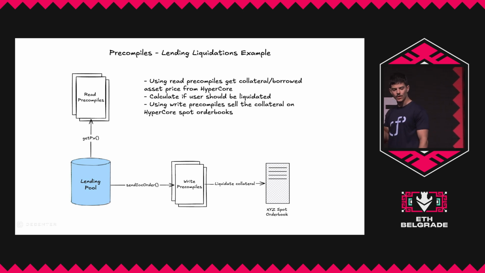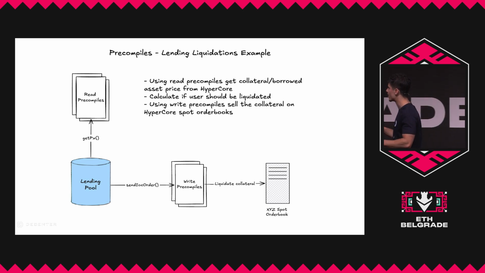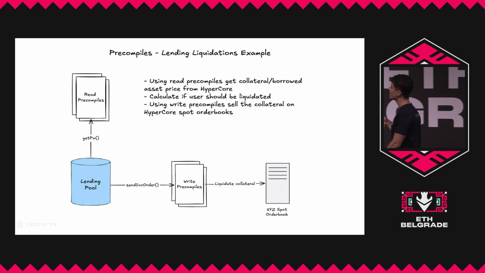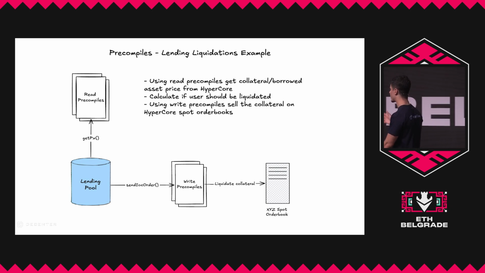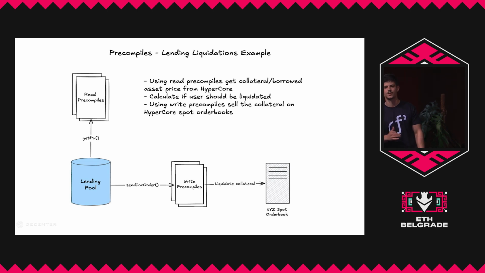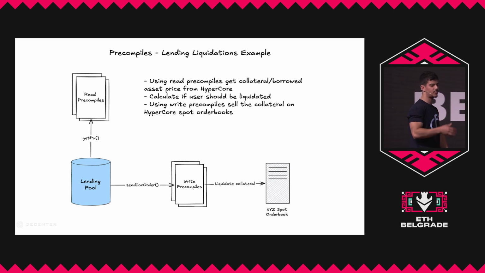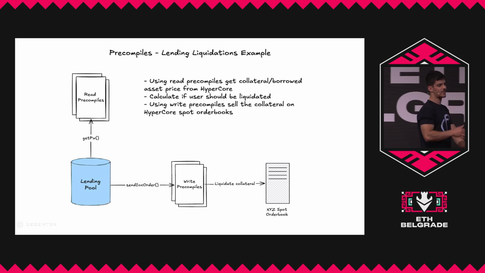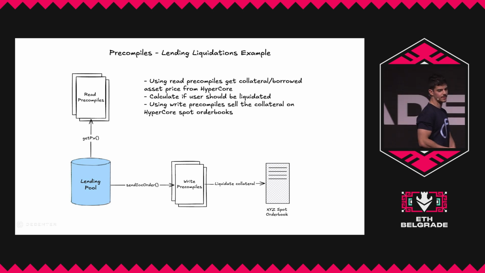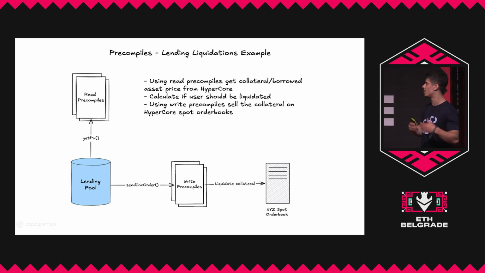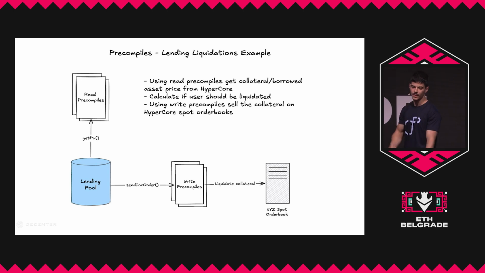So what it can do is it can do it all in this decentralized way by using the read precompiles to read the prices from the order books, calculating if your position has reached the liquidation threshold, and then using the write precompiles to access the deep liquidity of the order books on HyperCore and sell the collateral asset, thereby performing a fully on-chain liquidation.